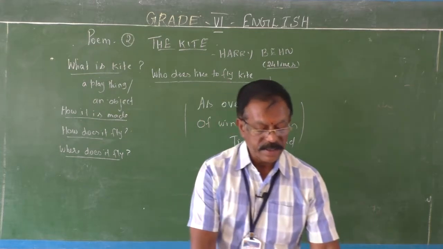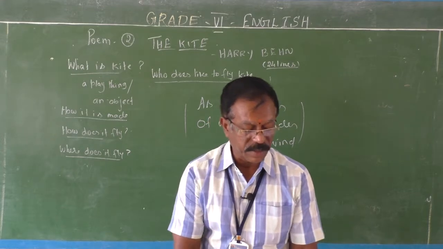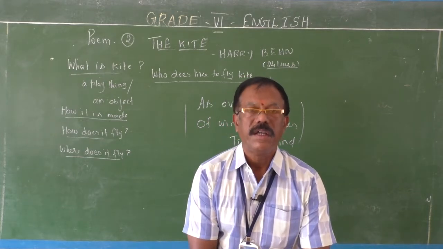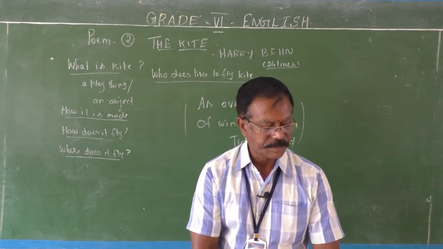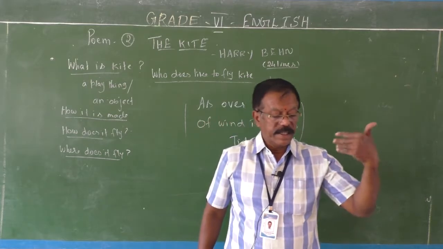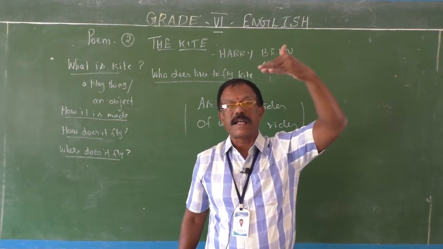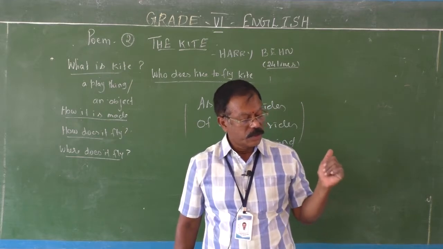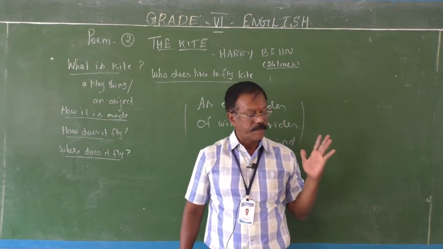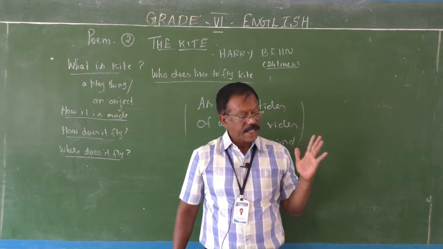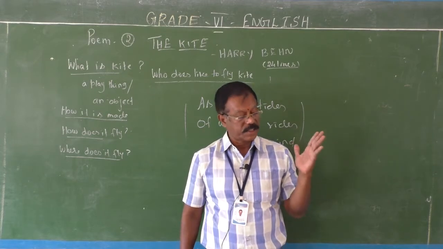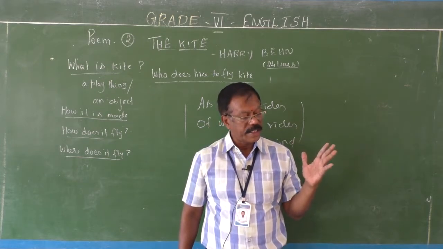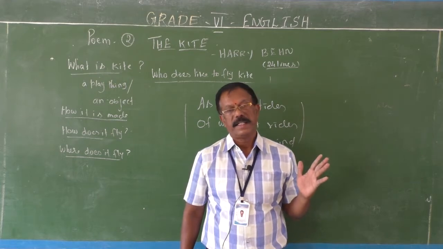Here the poet says that when the wind becomes so strong, the kite starts to rise up and up. So the kite looks like a ship. As the wind pushes the ship, it sways and moves through the water.